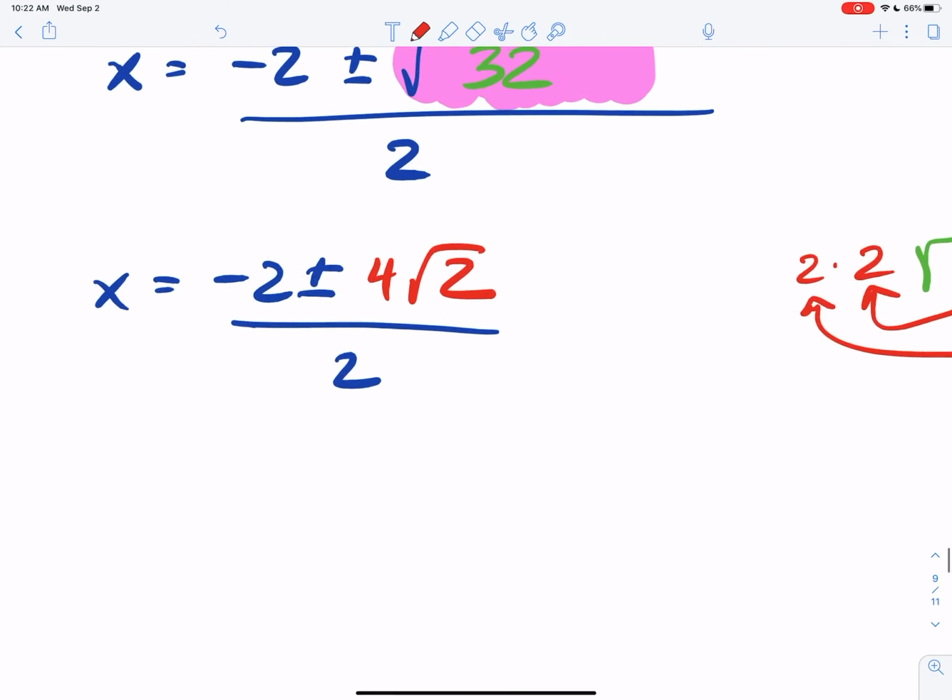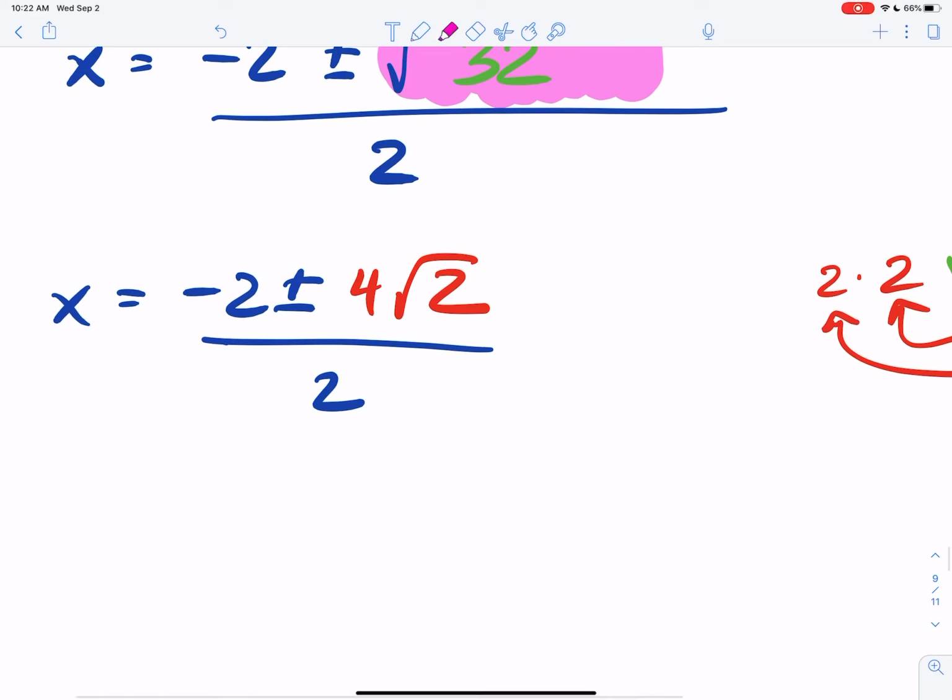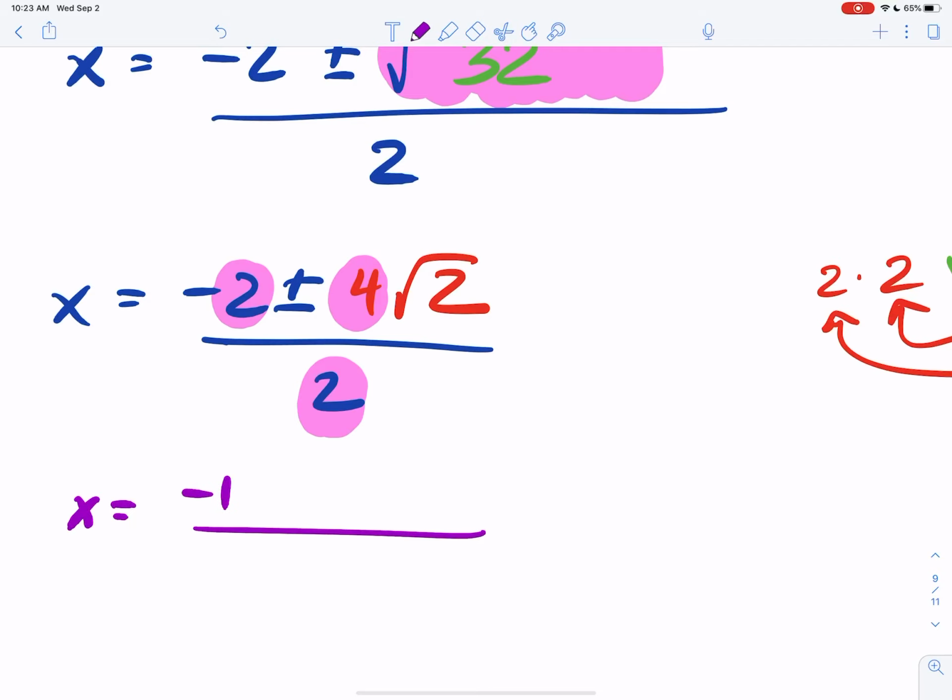Okay, 4 radical 2. Now I look at my 3 digits here, negative 2, positive 4, and the 2 at the bottom. We don't look at the square roots, okay? Is there a number that they have in common that we could divide all of them by? Absolutely. We could divide all of those by 2. So x will equal negative 1 plus or minus 2.